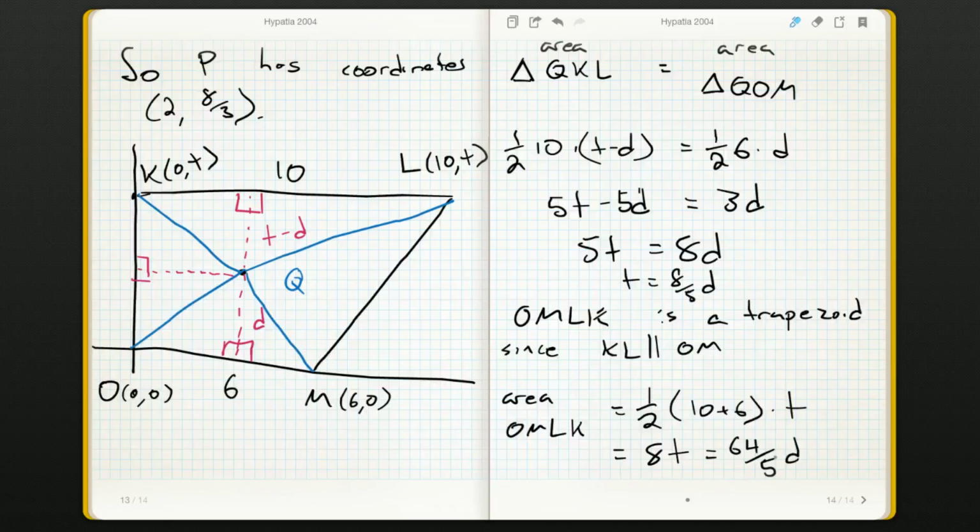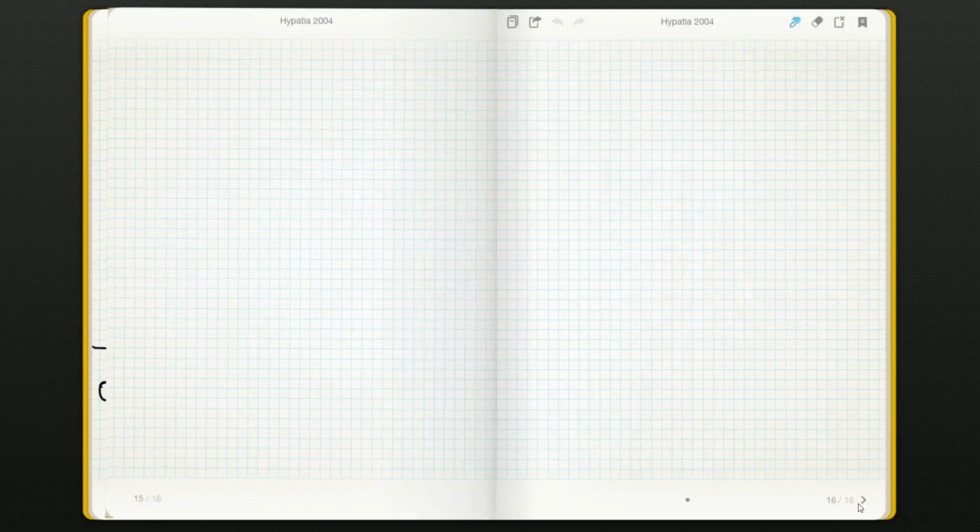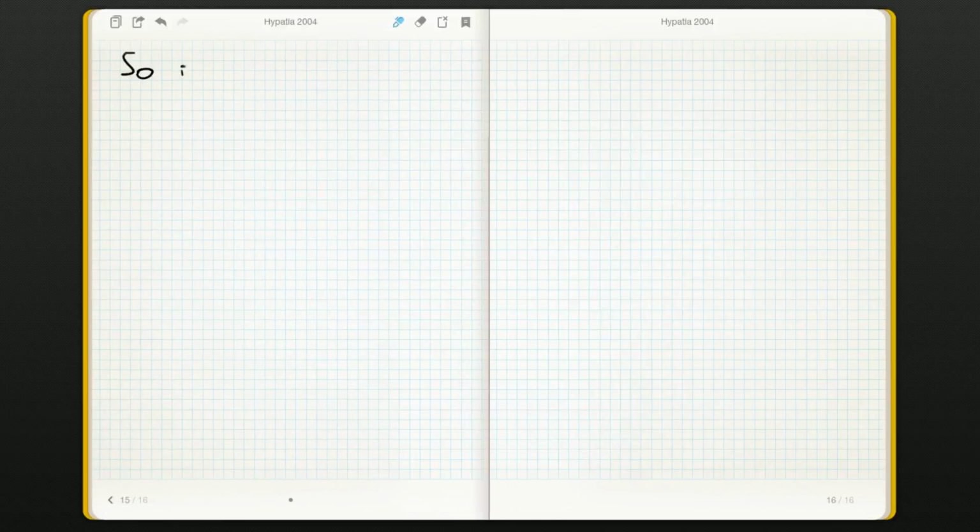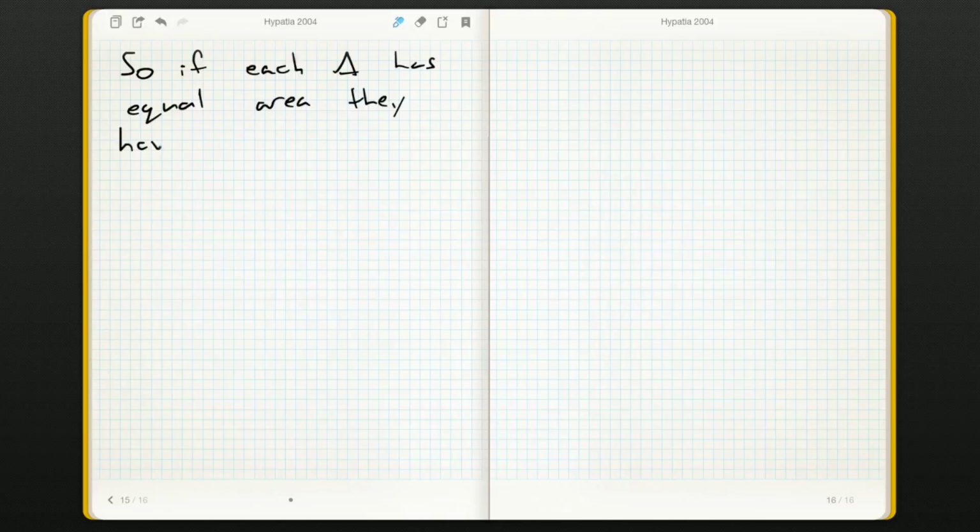And so we're splitting this into fourths. Each of these needs to have equal area. So if each triangle has equal area, they have area 1/4 of this 64/5 D, which is really 16/5 D. All right.